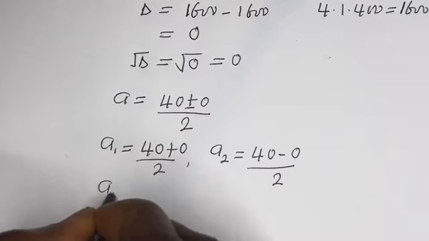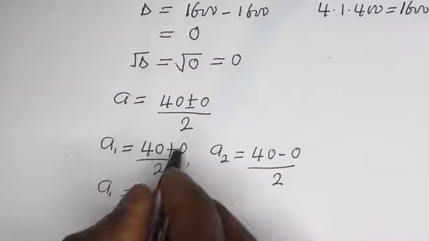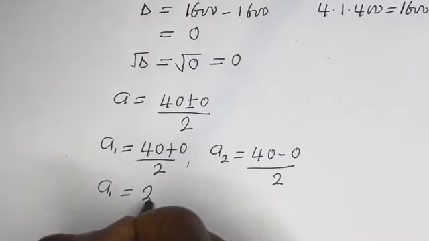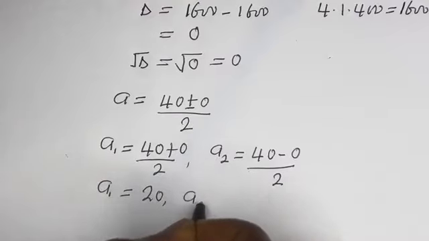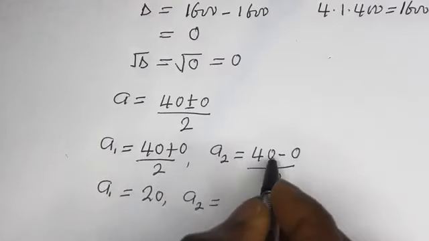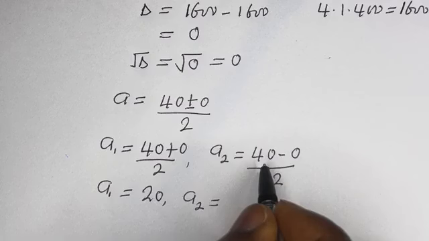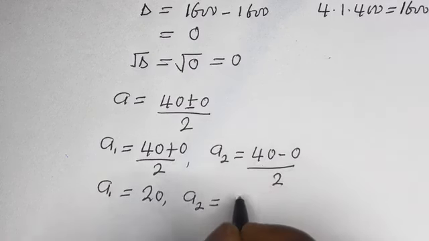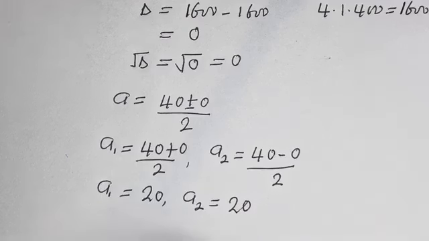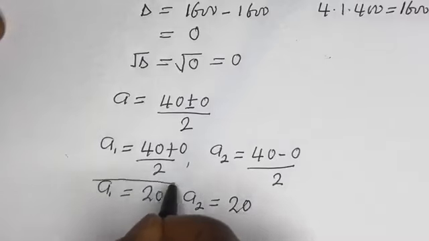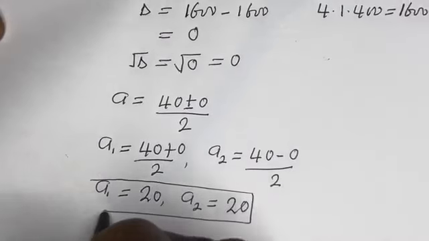Therefore, A1 is equal to 40 plus 0, is 40, divided by 2, that is 20, and A2 is equal to 40 minus 0, is 40, divided by 2, that is 20. These are the values of A1 and A2.